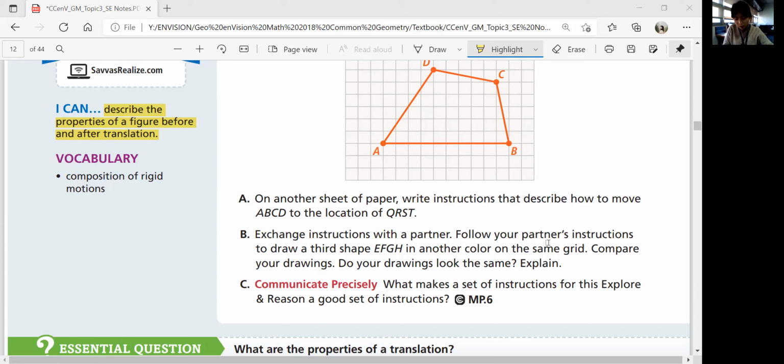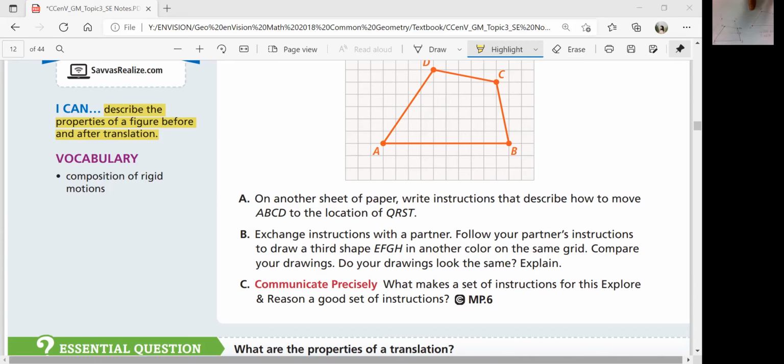Then graph your partner's transformation and label it EFGH. So you should have 3 quadrilaterals total. So this is my imaginary partner's image.